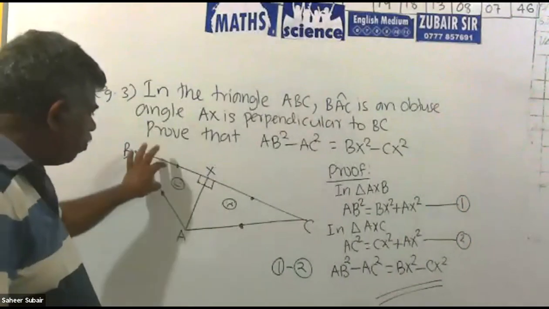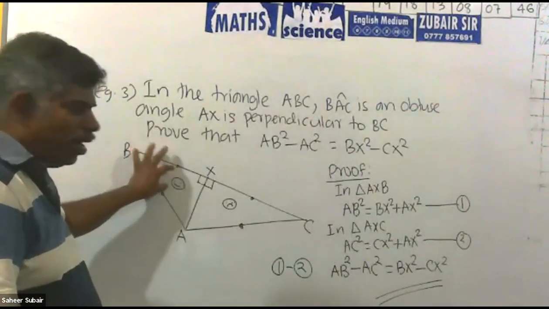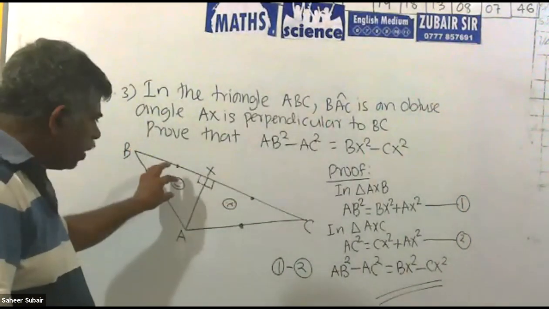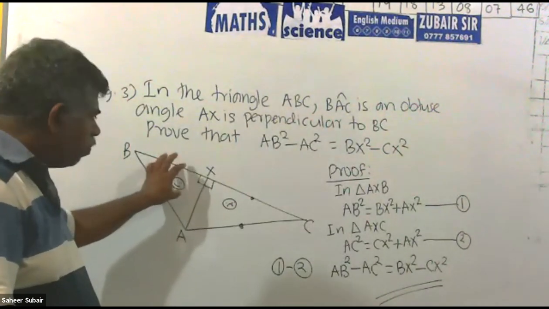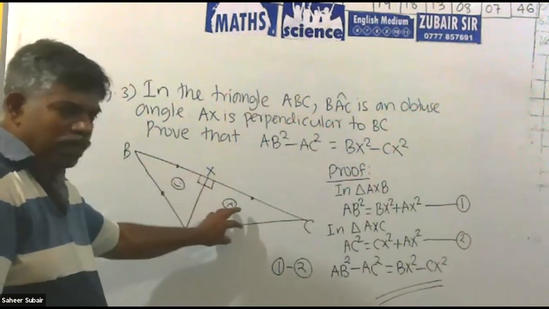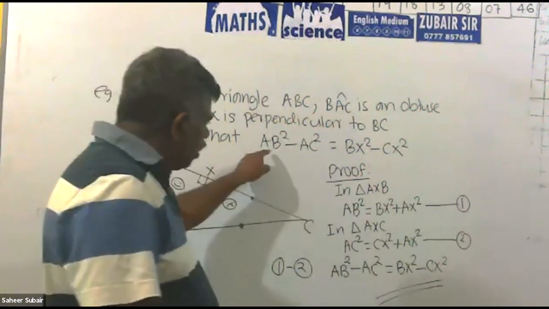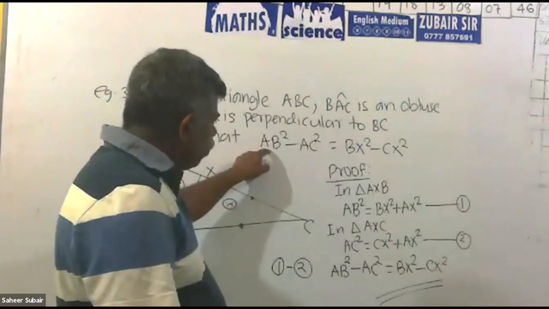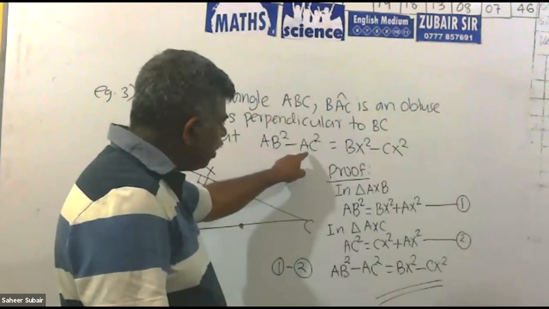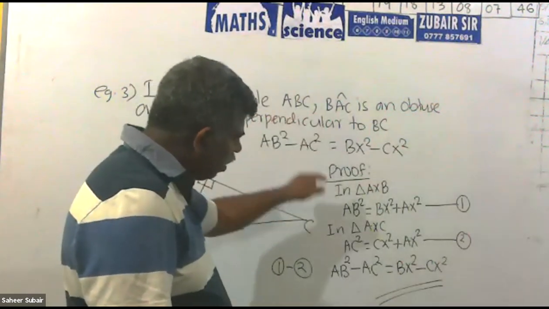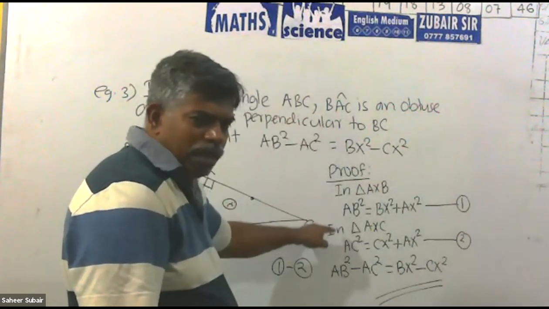See, first we are marking what are the sides needed and using Pythagoras theorem and getting two relations. One part is AB, the other part is AC. Then seeing the problem, they have asked you to form AB squared minus AC squared. AB squared is here, right?